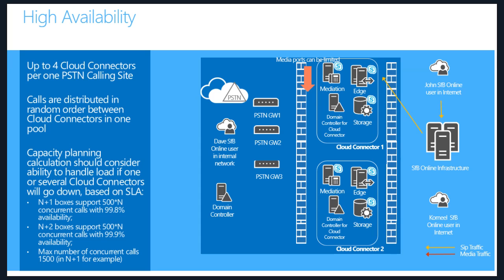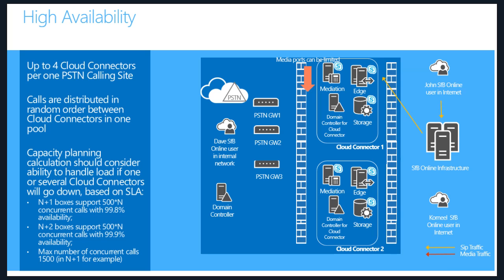So the call is going to now, from a signaling perspective, traverse from the online infrastructure to the Cloud Connector Edition appliance. In this particular case, I have the arrow drawn to this first Cloud Connector, but remember, it could be going to any of the Cloud Connector Edition appliances that we have on premises here in this particular site.